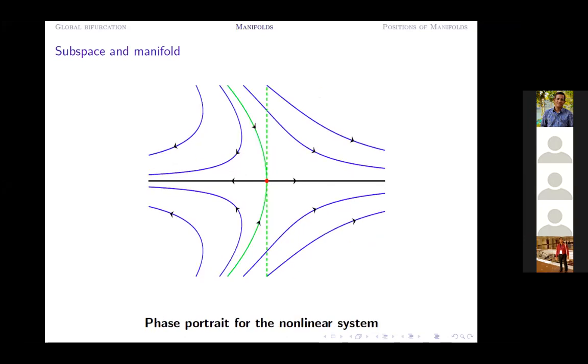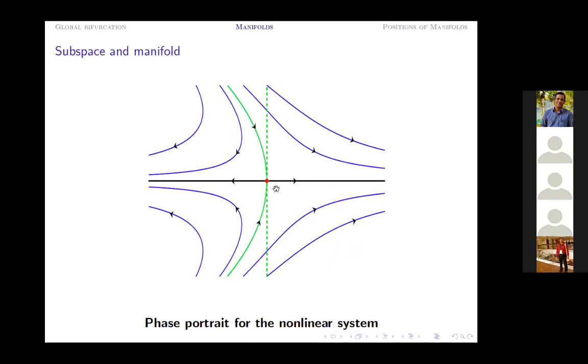Now what is most important here? This horizontal black straight line is your unstable subspace as well as unstable manifold, and this particular green colored parabola is the stable manifold, and the vertical dotted green straight line is the stable subspace.